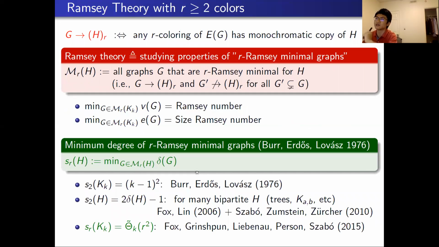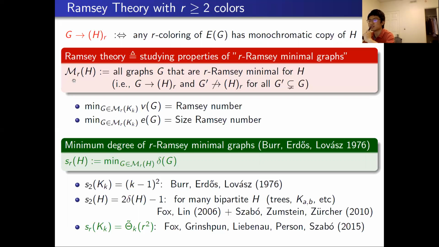All right, so here we move on to the multi-color case in Ramsey theory. We call a graph G r-Ramsey for H, denoted by G arrows H, if for any r-coloring of the edges of G, it contains a monochromatic copy of H. Previously we considered r equal to 2, but here we may have multiple colors.